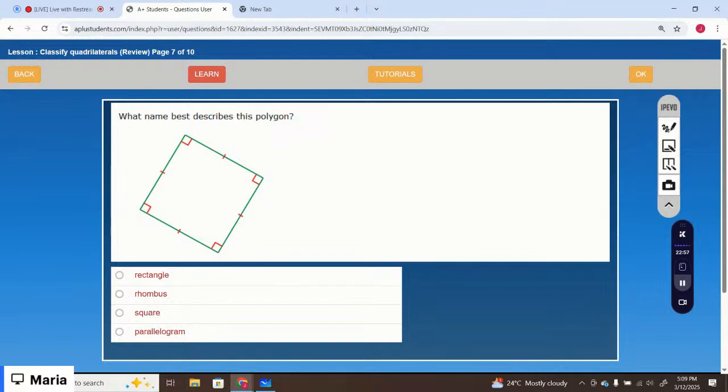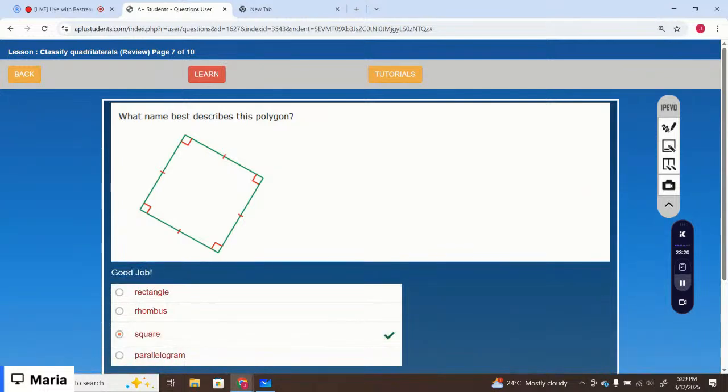What name best describes this polygon? Square it is. Option number two is the correct option because all of the angles are right angles and all four sides are congruent, so that is the square.